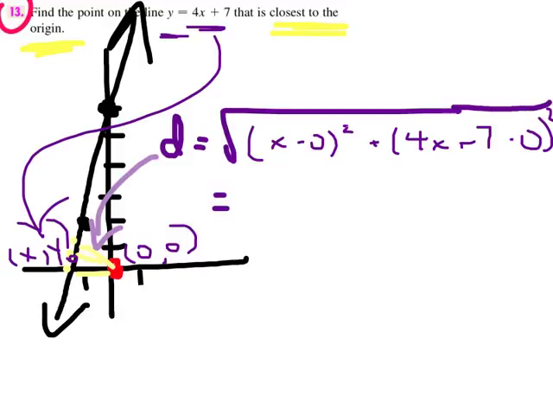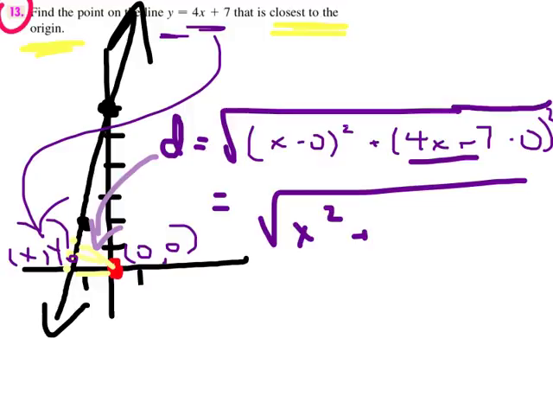Now let me finish this square root. So this is just going to be what? The square root of x squared plus, just square this binomial. The plus 0 doesn't really matter. 16x squared plus 28x plus 28x, so 56x plus 49. This looks terrible.